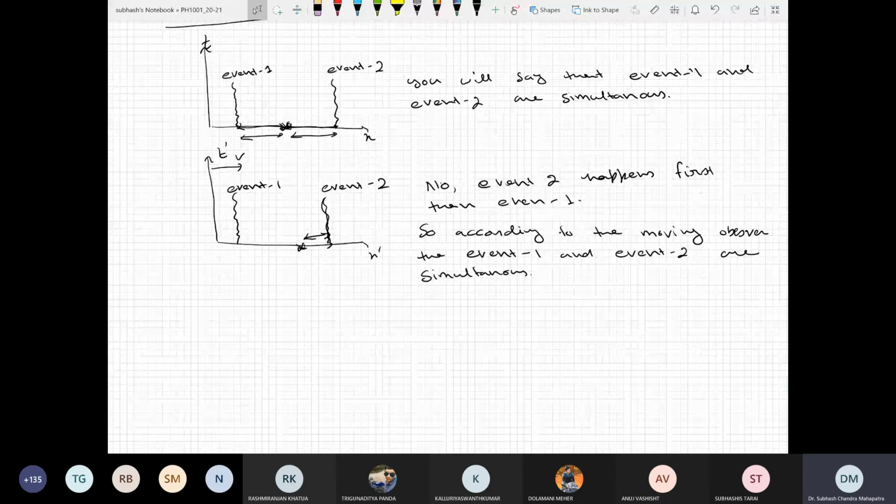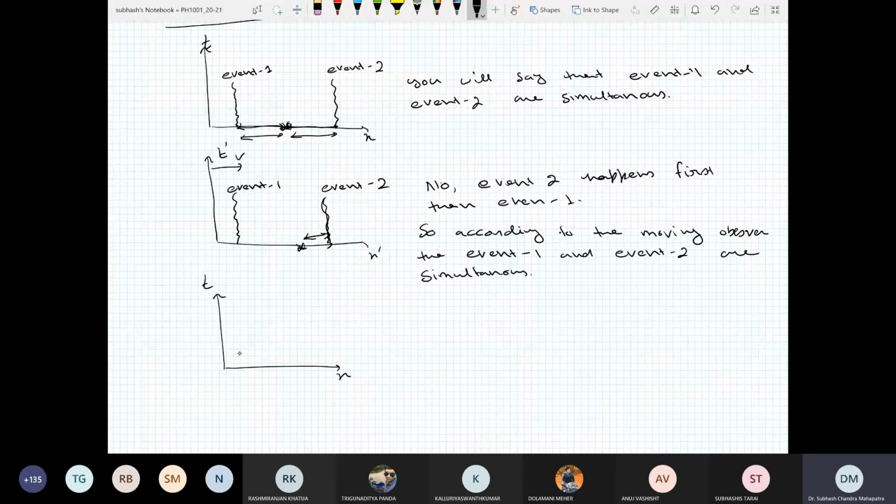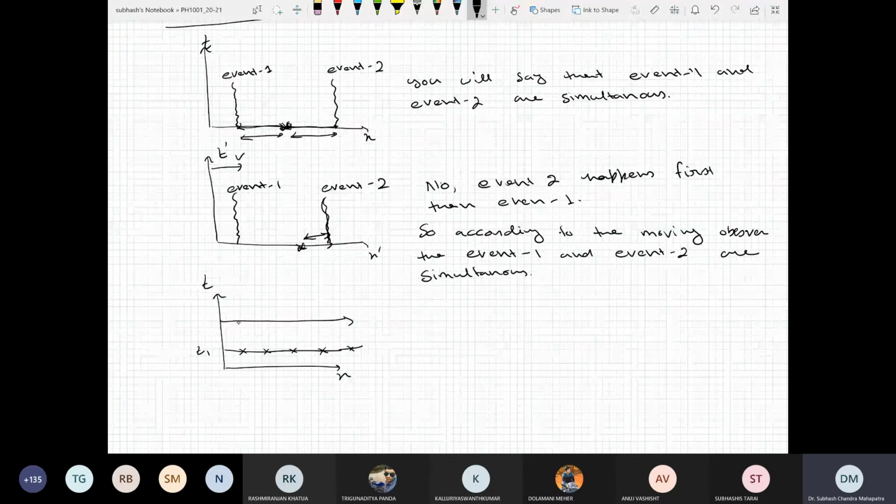So for example, let's say this is you, t and x. All points on this horizontal axis are simultaneous, because they happen at the same time. All events that happen at T2 are simultaneous. Similarly, all events that happen at T0 are simultaneous.